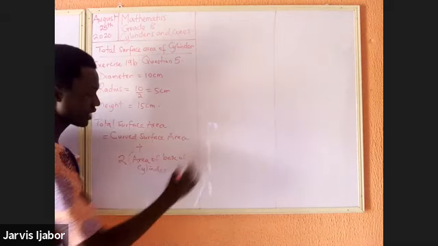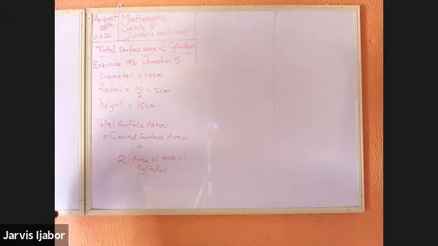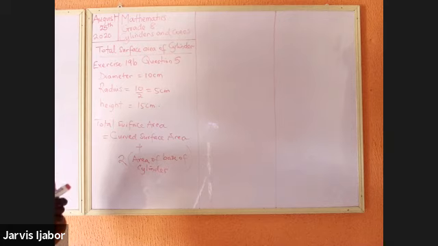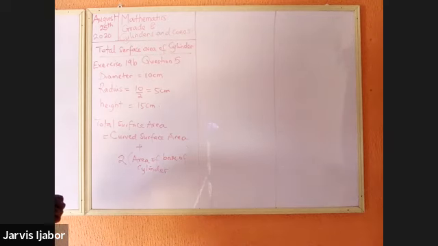I'm using terms now because sometimes in the exam, some examiners can be funny. They'll try to confuse you. So the total surface area will be curved surface area plus 2 times the base area.